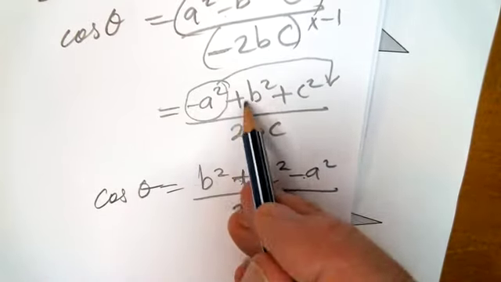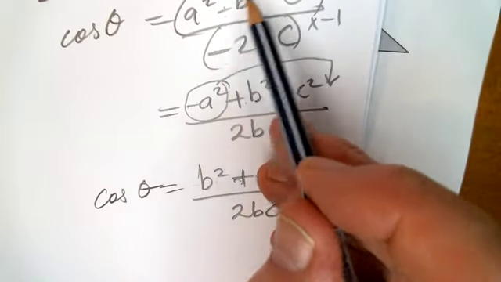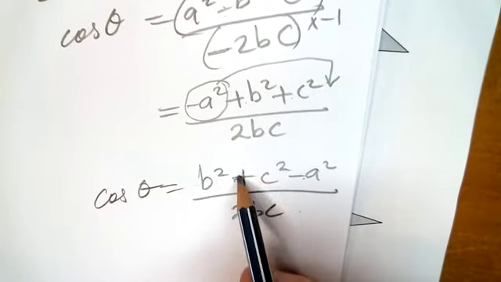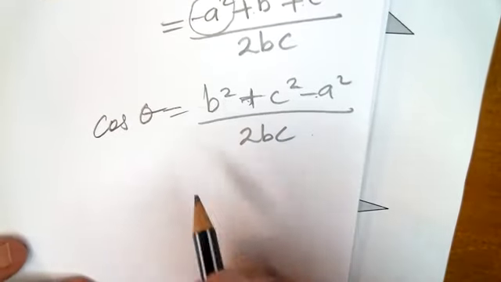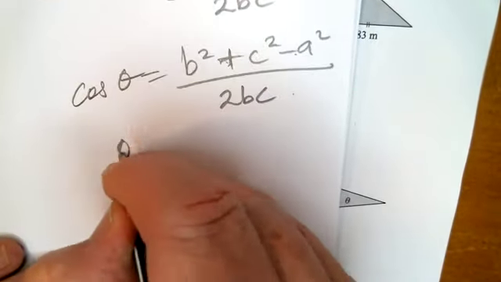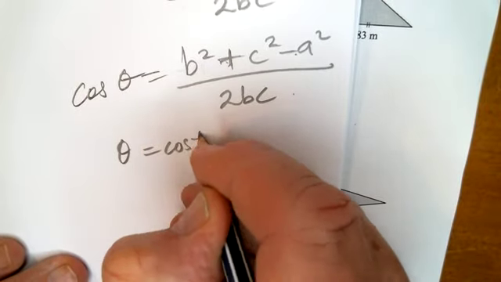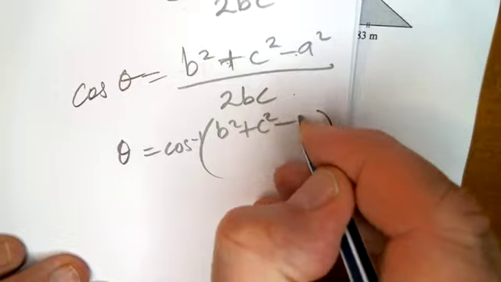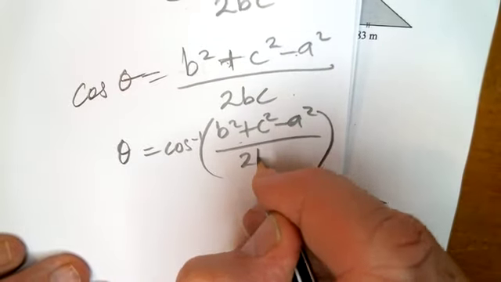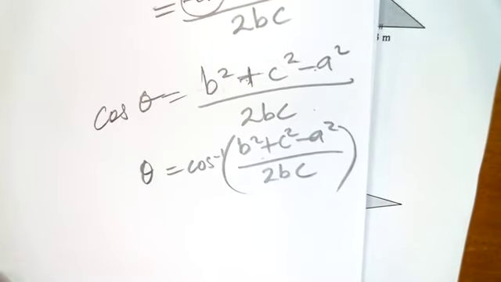Before we had a minus and two pluses, but here before we had 3 minuses. So now we just got a minus and a plus. So we're now more succinct than we were, and we want to make theta the subject. So theta is equal to the arc cos of b squared plus c squared minus a squared all over 2bc. And that is how I'd express the answer.